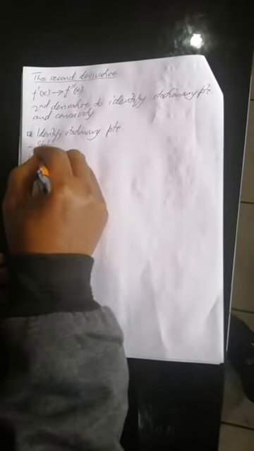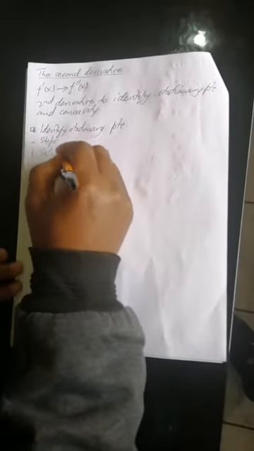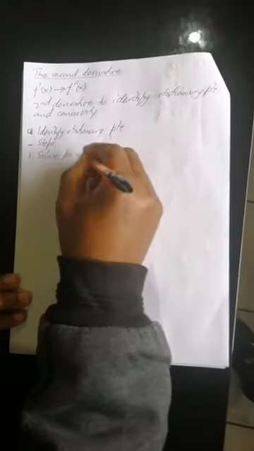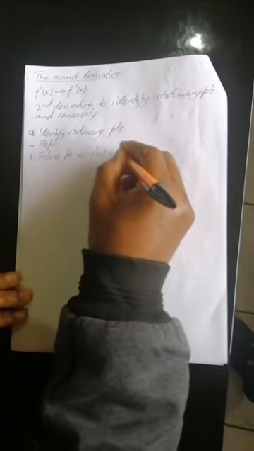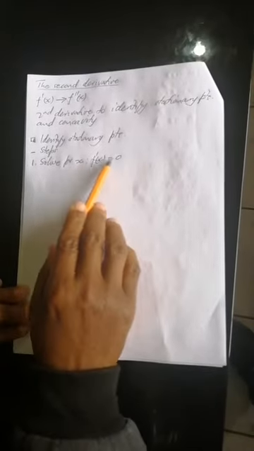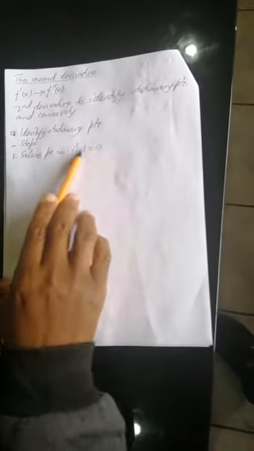The first step is to solve for x in the statement f dash of x is equal to 0. When we are solving for x here, we are finding the x coordinate at the turning points.